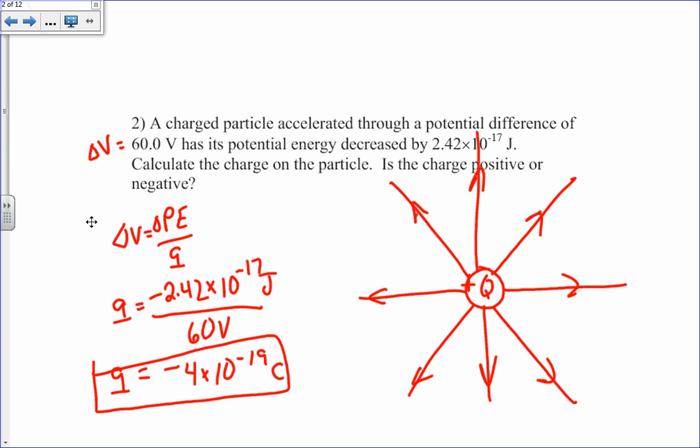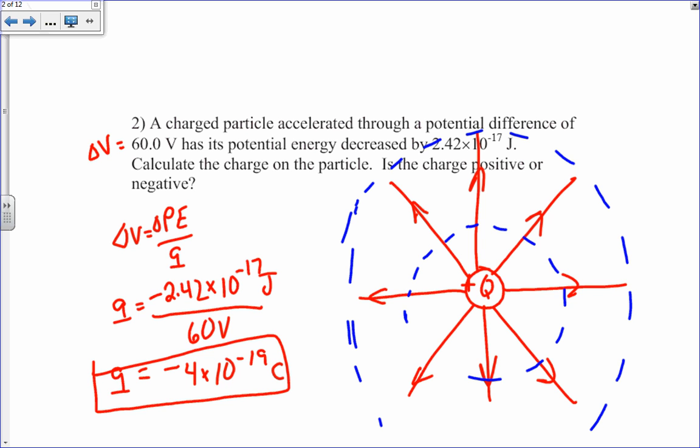I have some equal potential lines right there and right there. We'll say that close in, this is 100 volts and this is 40 volts, and that gives me that potential difference of 60 volts.